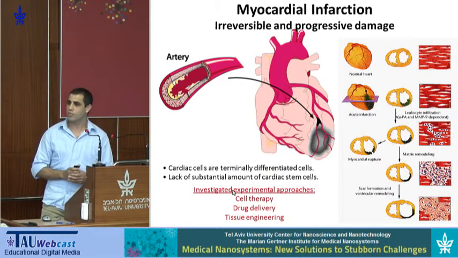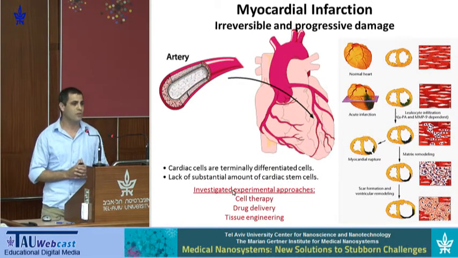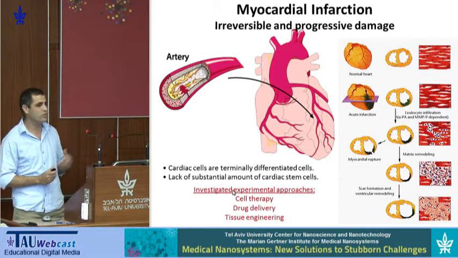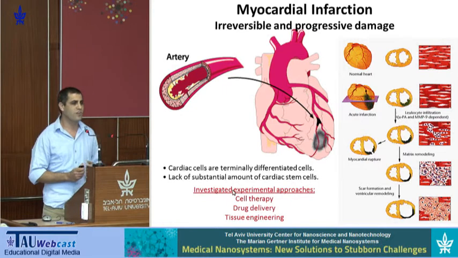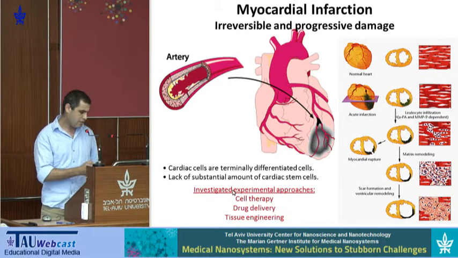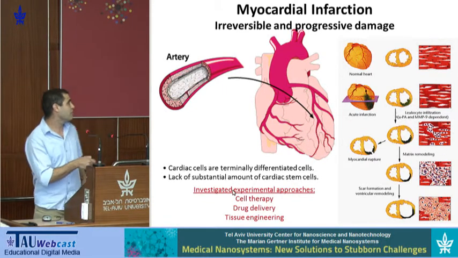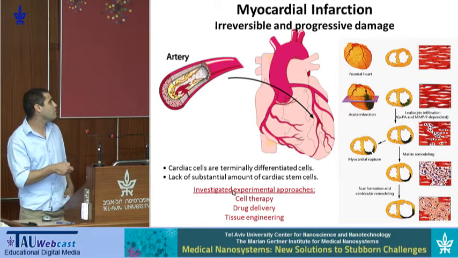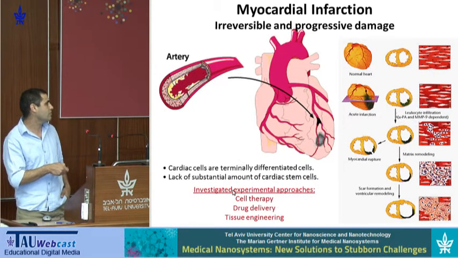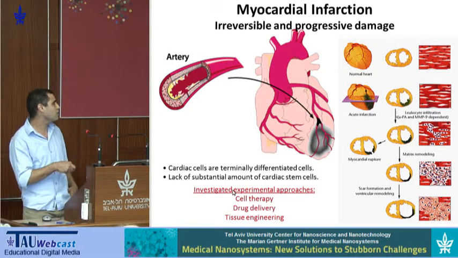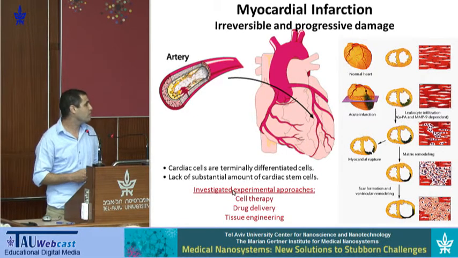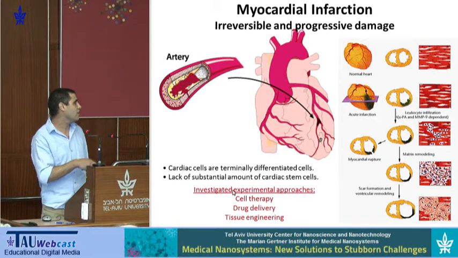And before speaking about the technologies, I would like to say a few words about the disease that we're trying to cure. So myocardial infarction, or heart attack, is an irreversible progressive damage disease, and it happens when a major blood vessel that nourishes the left ventricle is blocked, and as a consequence the cells in this area are dying.